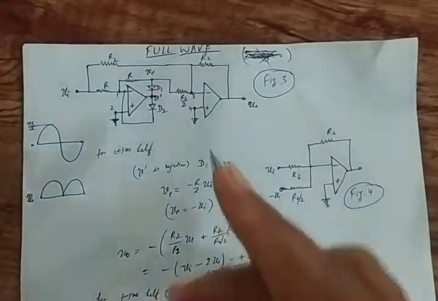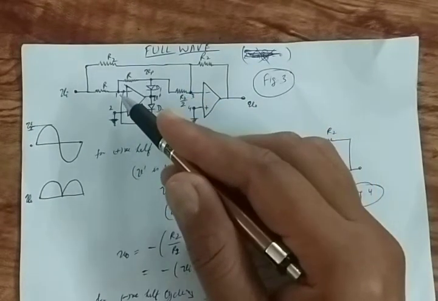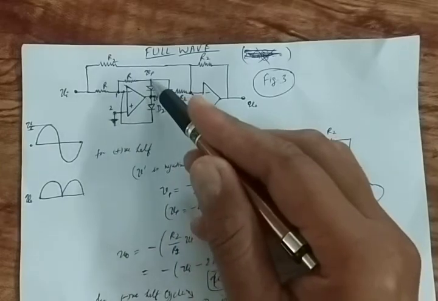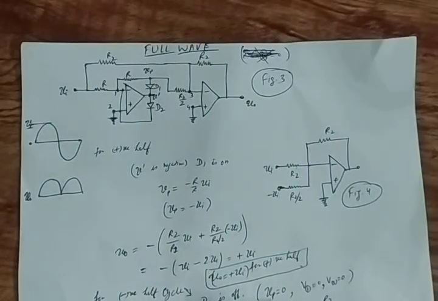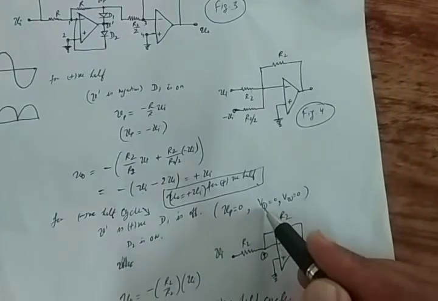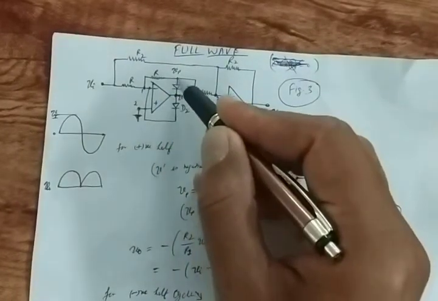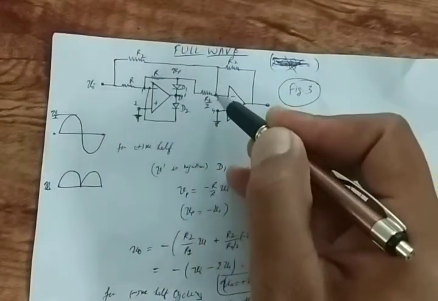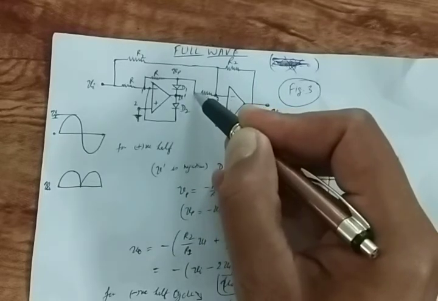So if this is off, then potential at Vp is same as this, that is 0. So Vp is 0, because this V1 is 0, that is at this point. Now if this is 0, then this is also 0. Voltage at this point is 0.